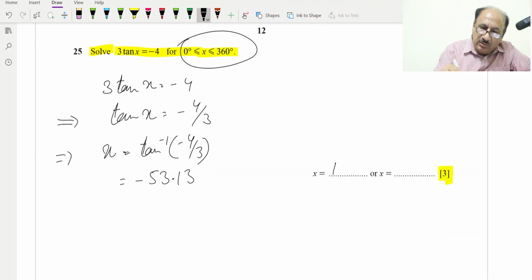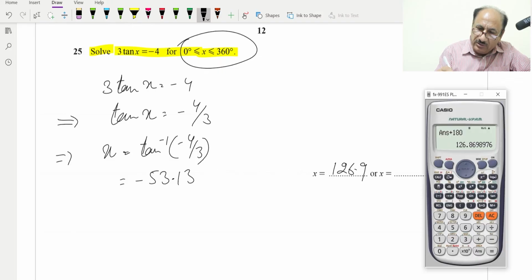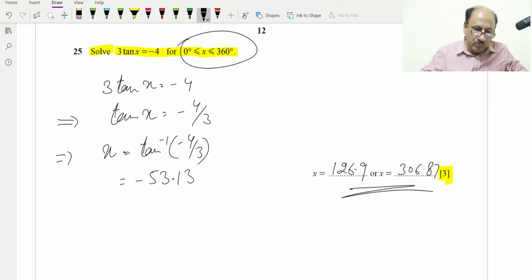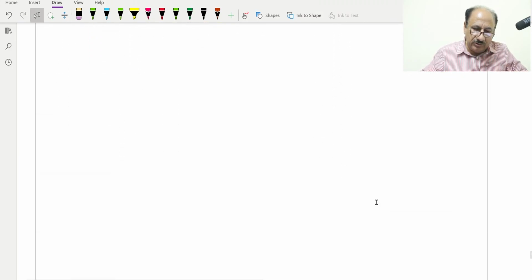So 126.9 we can take as the first answer. Then we can further add 180 to this, which gives 306.87. So these will be basically the two answers.